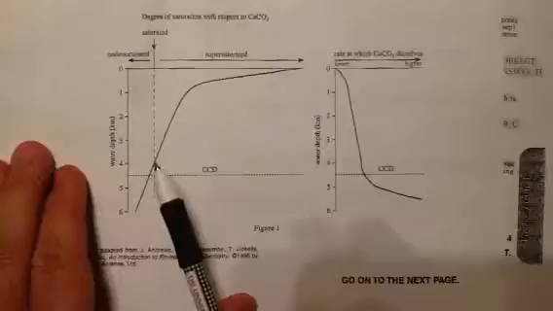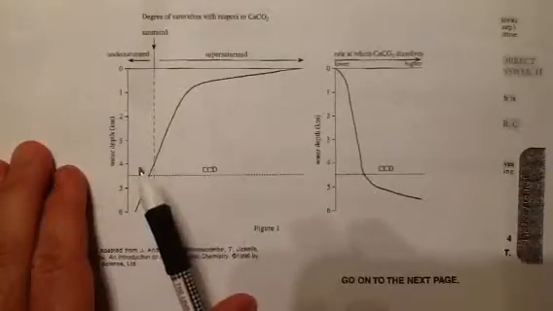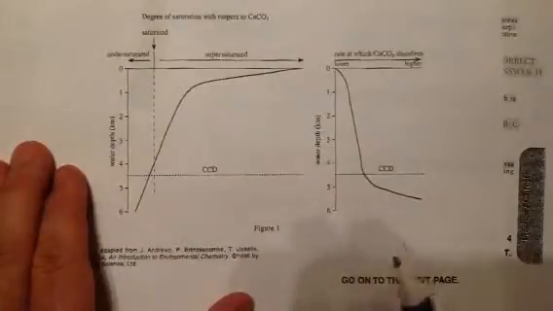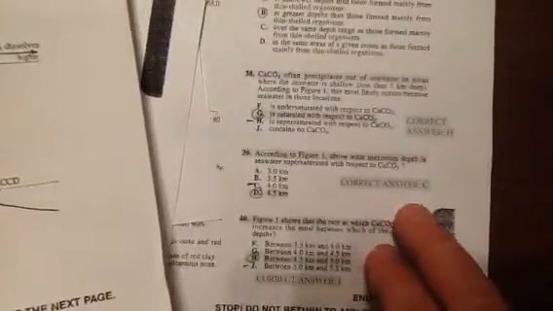If you then take a look at the actual question, it asks: calcium carbonate often precipitates out of seawater in areas where the seawater is shallow, which is less than a kilometer.